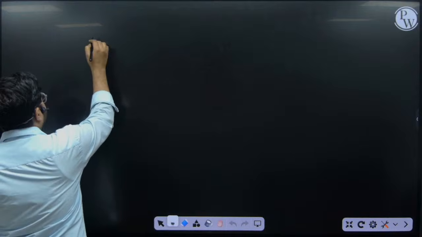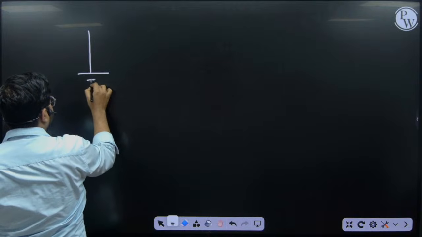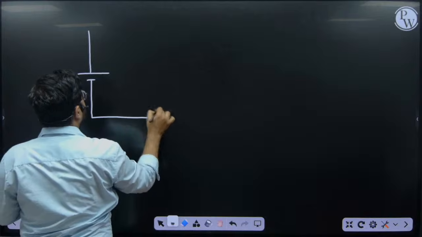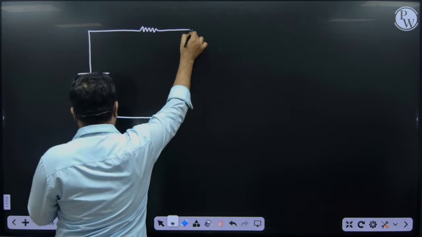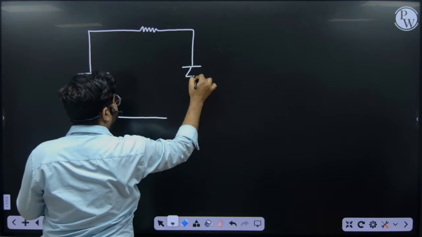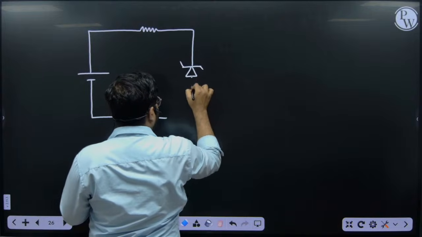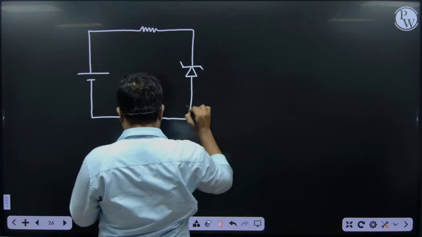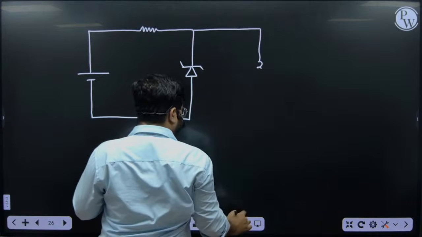So they have given us a circuit. This question is from semiconductors. They have given us a circuit here and a Zener diode is connected, and then a load resistor is connected in parallel with it.